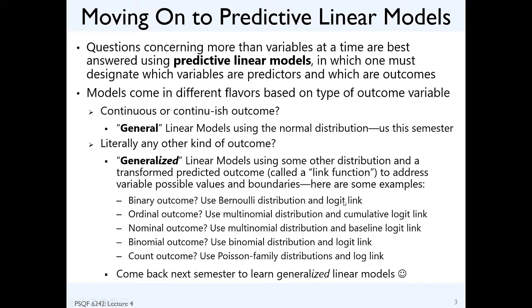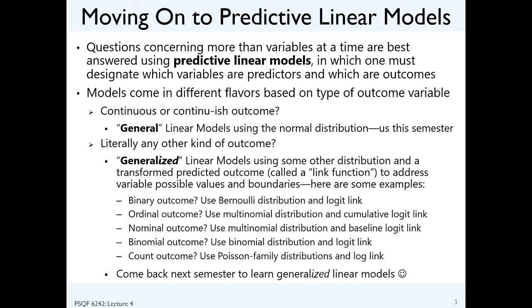But if we want to predict whether or not somebody has a 0 or 1, the model has to understand that the highest possible value that can be predicted is 1, and the lowest possible value is 0. And so this idea here, this link function, is a transformation of the predicted response that makes that happen. So you've seen an example of this sort of transformation so far.